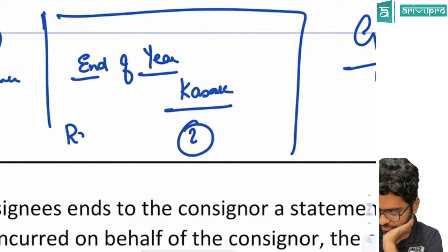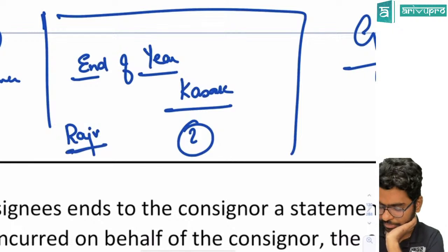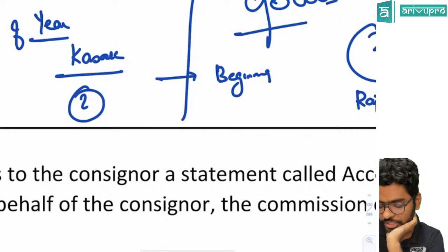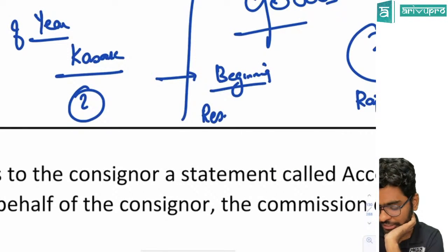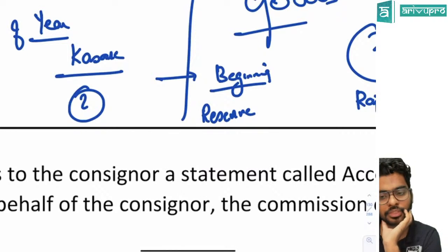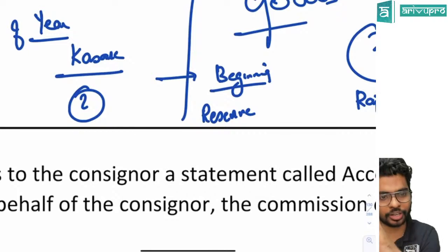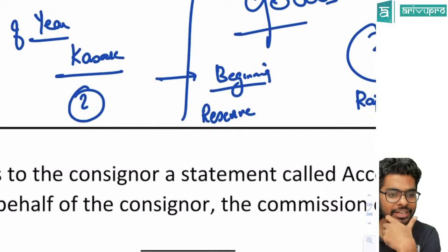Correct? In the books of Rajiv. That means whatever entry you would have passed in the beginning, if goods get unsold, we have to reverse it. Are you guys clear till now? Guys, just understand what is happening. After that, the journal entries are extremely easy.